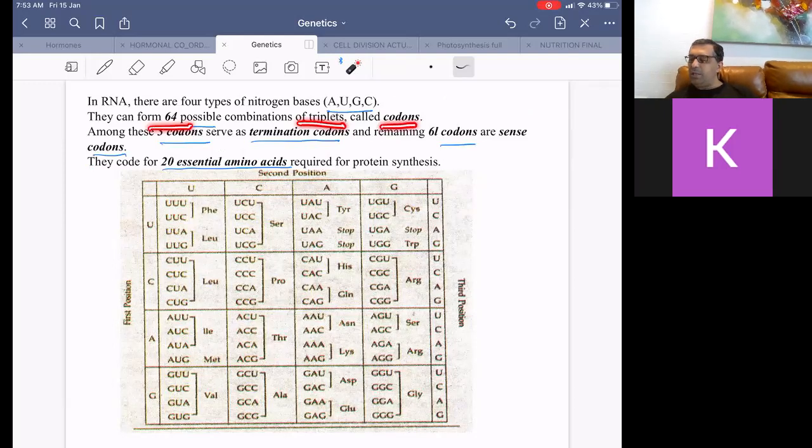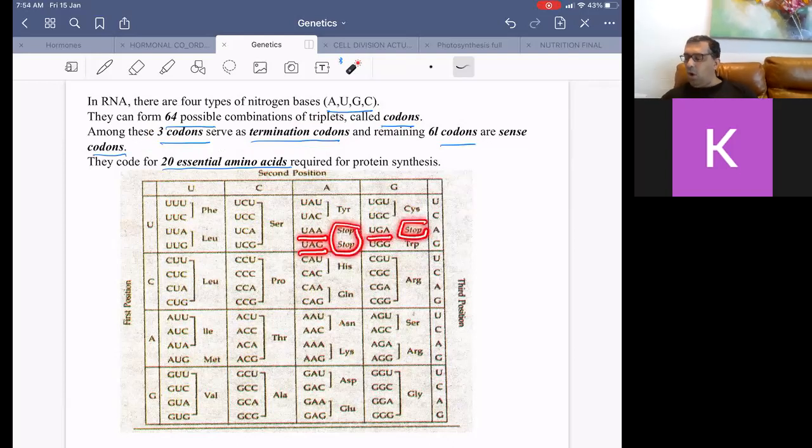Sir, which are these 64 combinations and what will they code for? 3 codons serve as termination codons and don't code for any amino acid. Do we remember UAA and UAG and UGA are stop codons or termination codons?